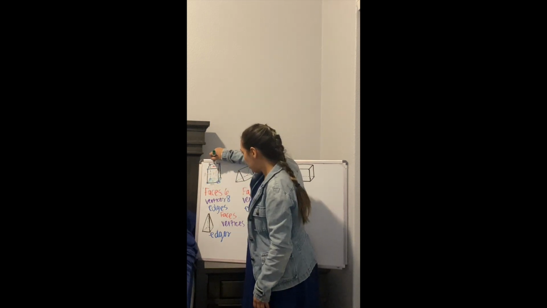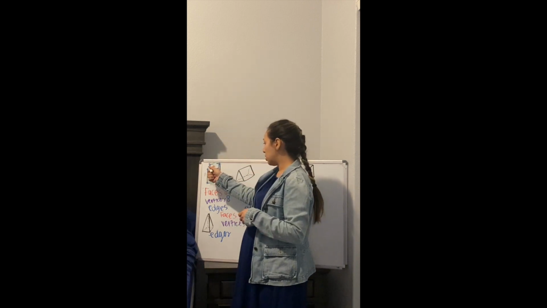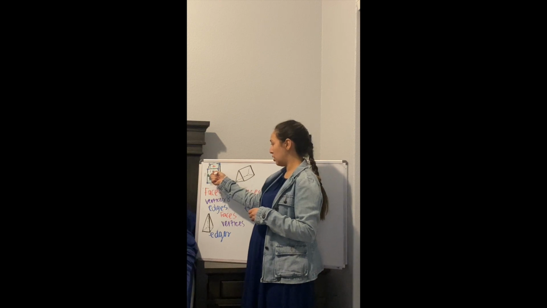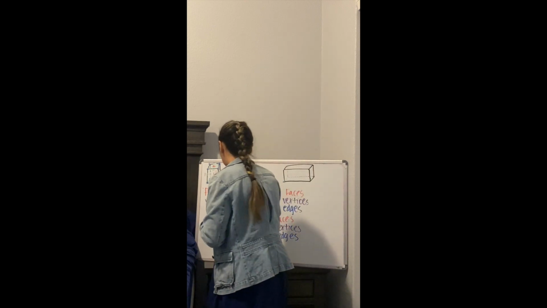Another one right here, right here, right here, and right here. So we have 4 on top, 4 on bottom. That's 8. And then this side, this side, this side, and this side. So 8, 9, 10, 11, 12. 12 edges.